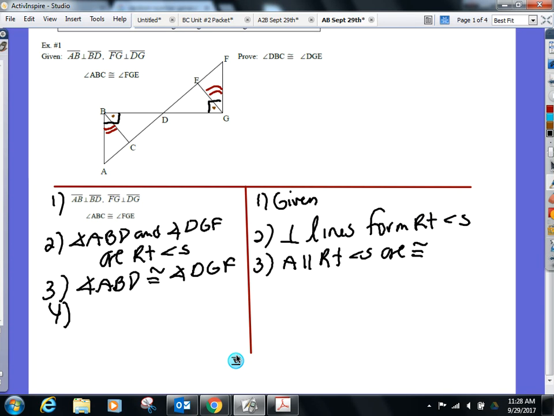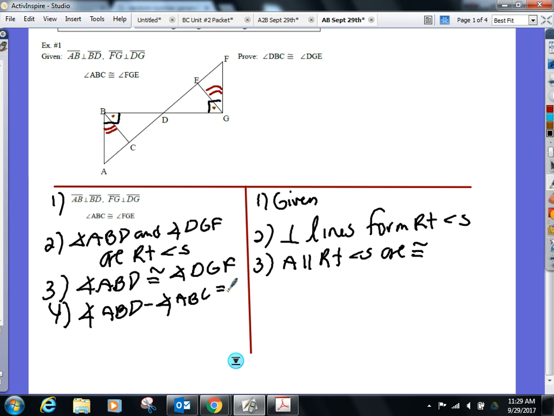Give me a pair right now that's going to lead to either angle DBC or angle DGE. Okay, let's do this. Give me one of the right angles first. Angle ABD, and what are you subtracting from ABD? What's the only other angle next to it I know that's congruent? ABD minus ABC. This right angle minus that angle that was given to me. If I take that away, I'm going to be left with the angle I need to prove.